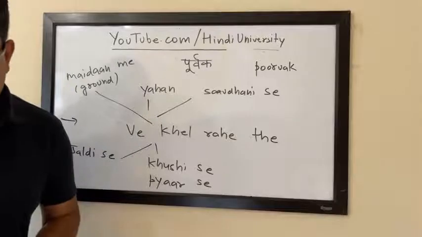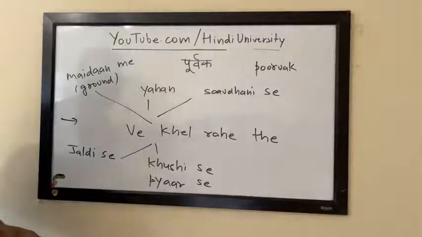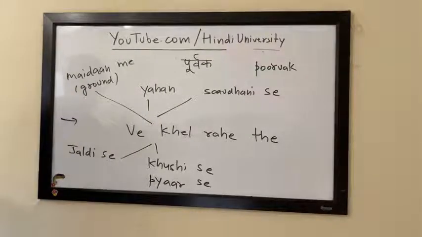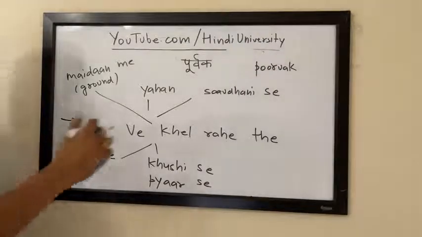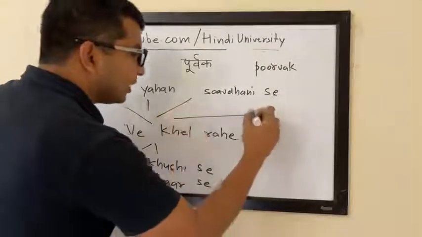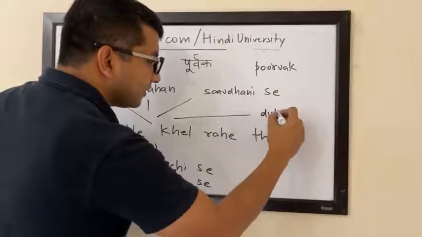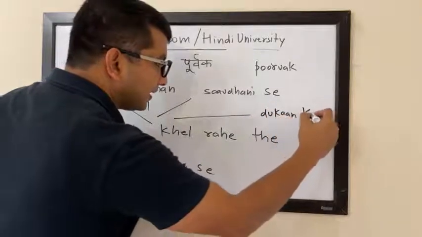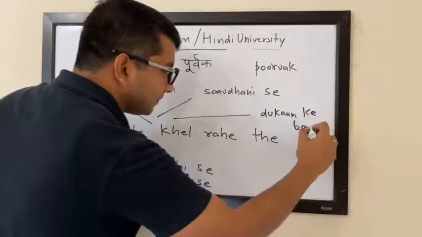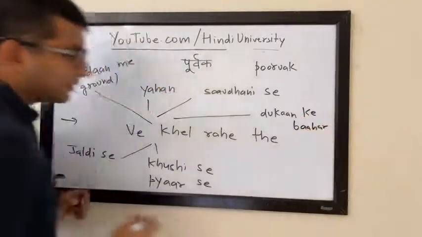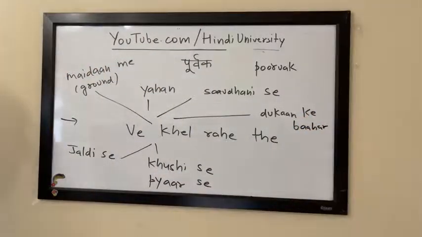Sheila ji, anyone else? Yeah, Sheila ji, go for it. वे दुकान के बाहर खेल रहे थे. Awesome. So you said वे दुकान के बाहर. What does it mean? Outside the shop. Great.